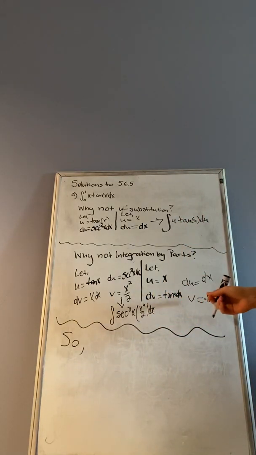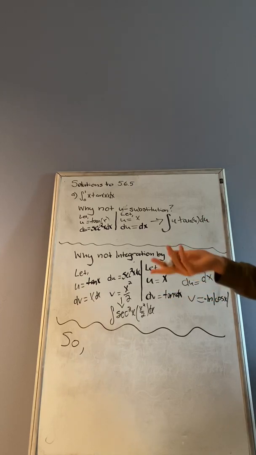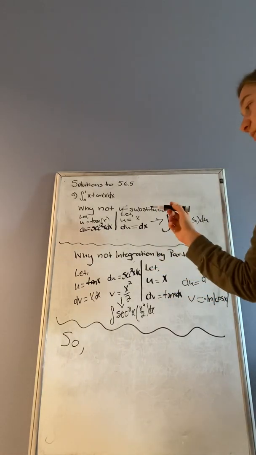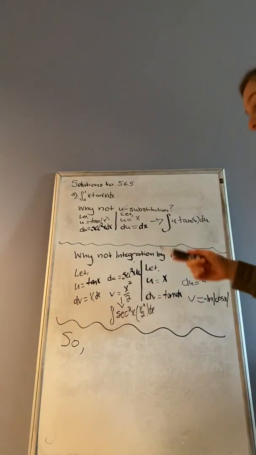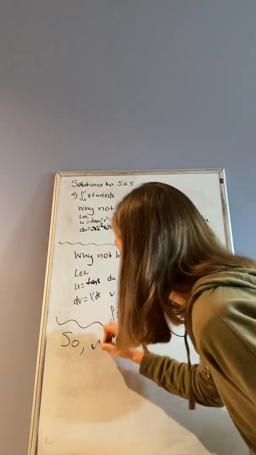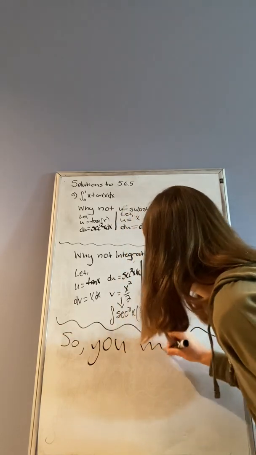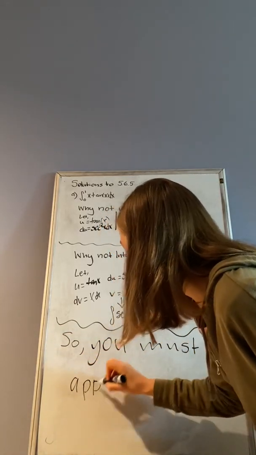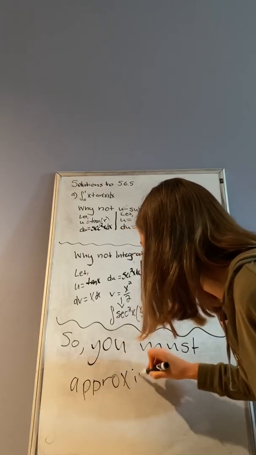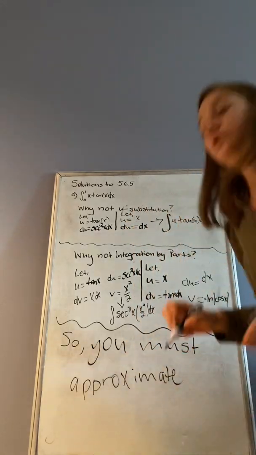I definitely don't know how to integrate that. So you can see that u substitution and integration by parts will not work any way you substitute it. So you must approximate, which we will do in part B.